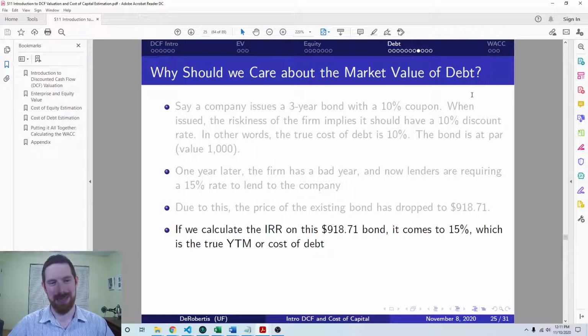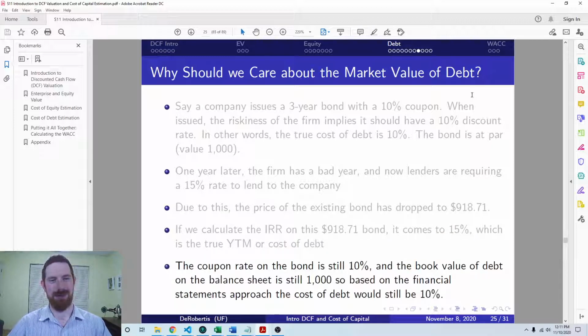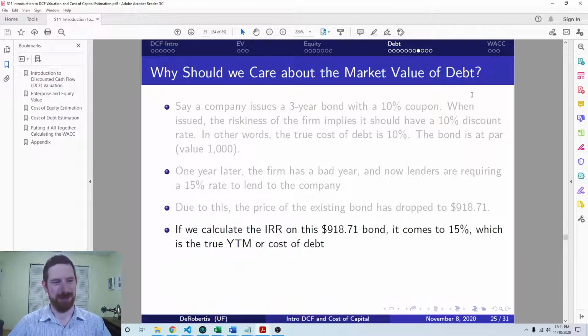And we calculate the IRR on that bond, which is the yield to maturity, and that would be 15%. So the 15% yield on this existing bond with its new market price matches up with the cost of debt for the company, what it would cost to issue a new bond.